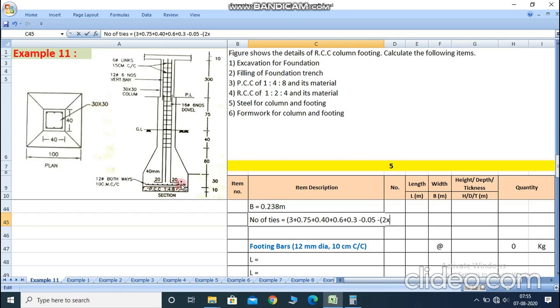Here both-way bars are provided at the bottom, so the diameter is 0.012.